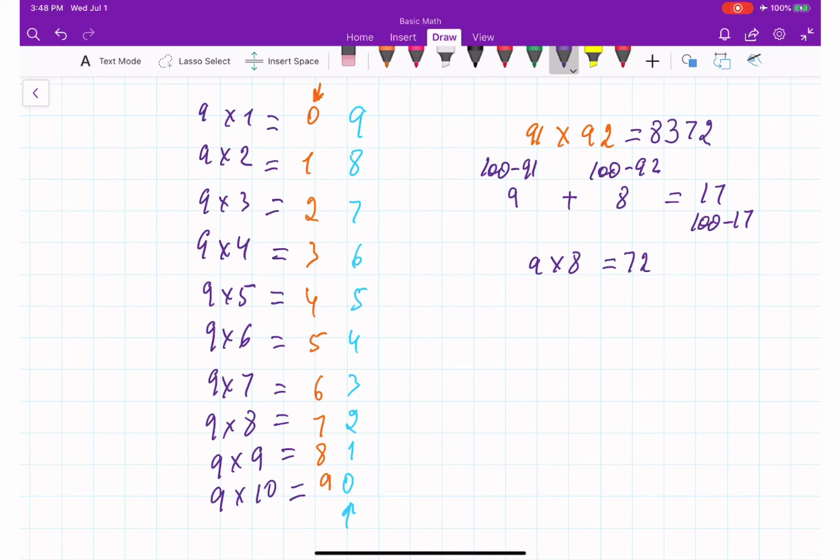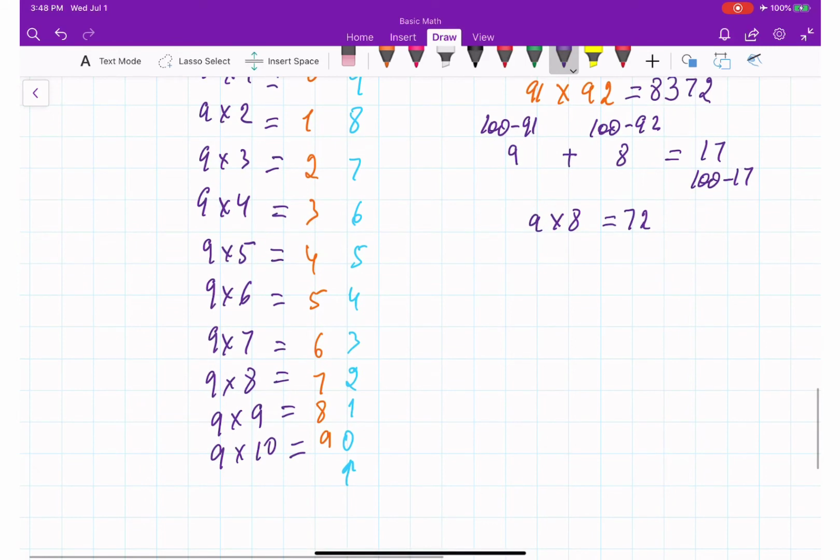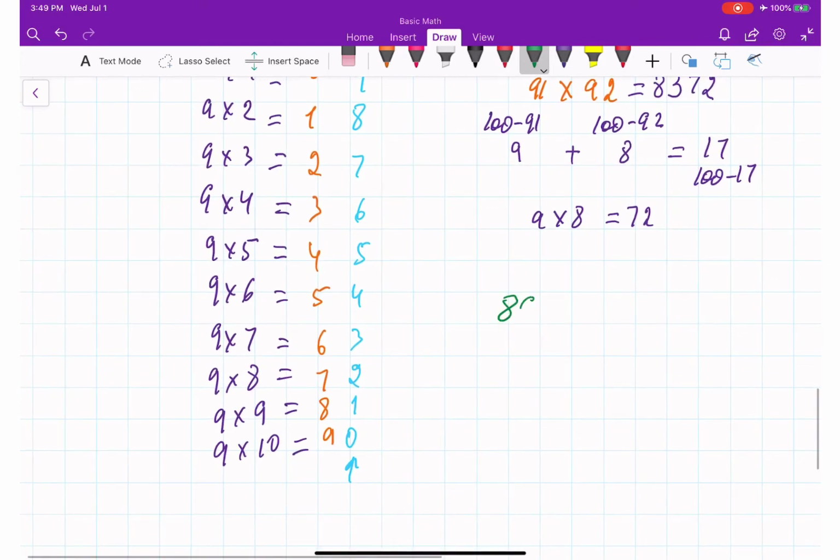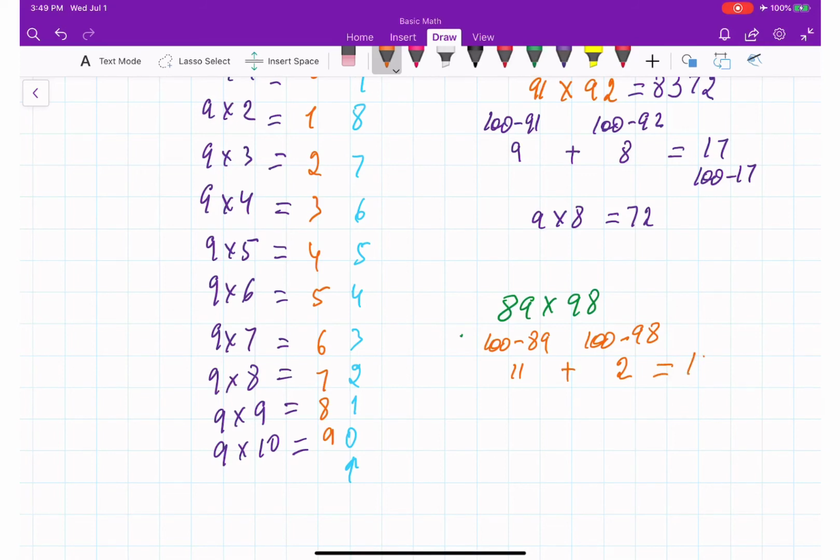Don't believe me? Check on calculator. One more. 89 times 98. 100 minus 89 is 11. 100 minus 98 is 2. 11 plus 2 is 13.